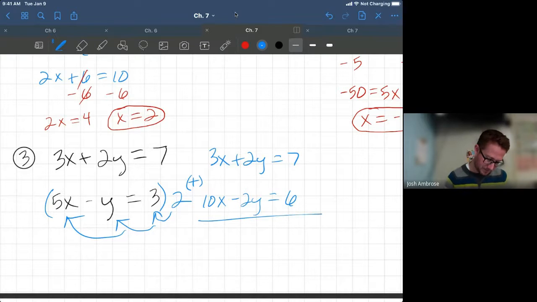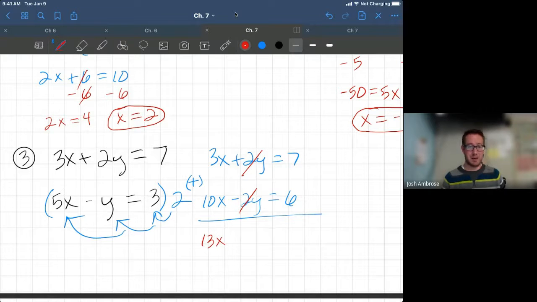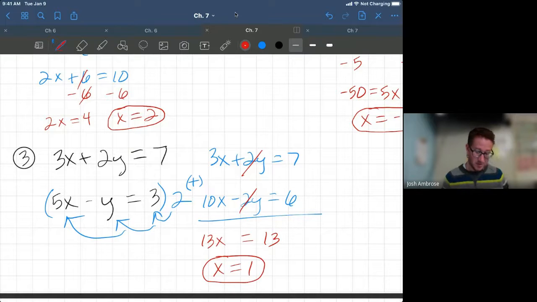So you now have 3 plus 10 giving you 13x. 2y, negative 2y, cross each other out. 7 plus 6 giving you 13. X equals 1.